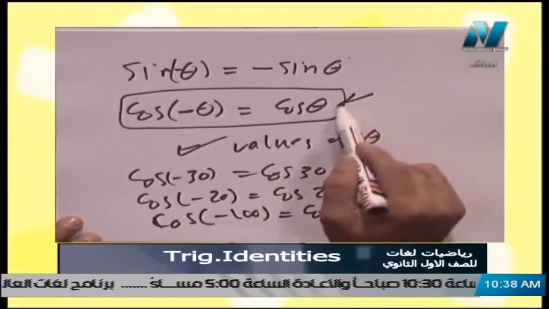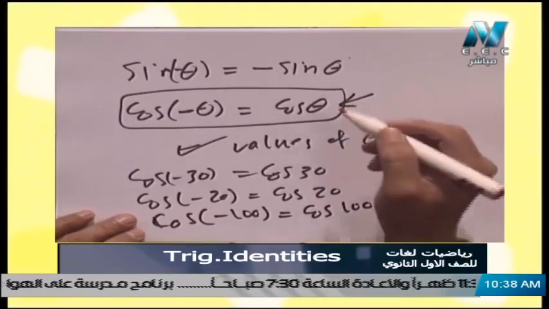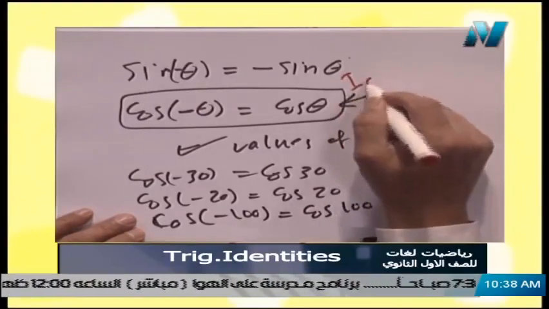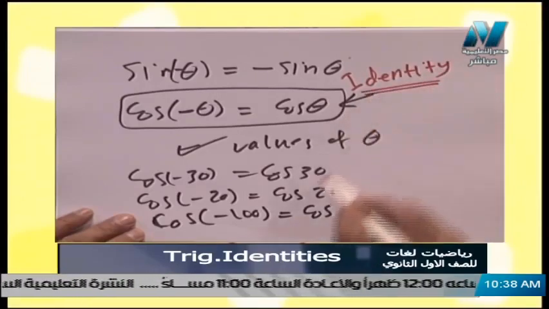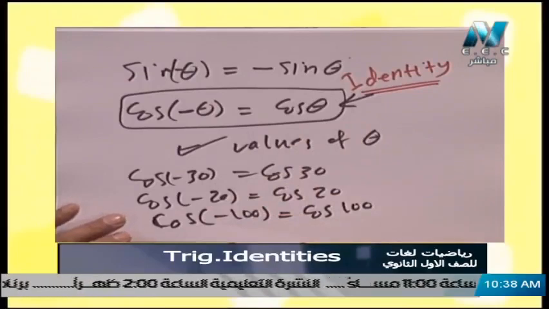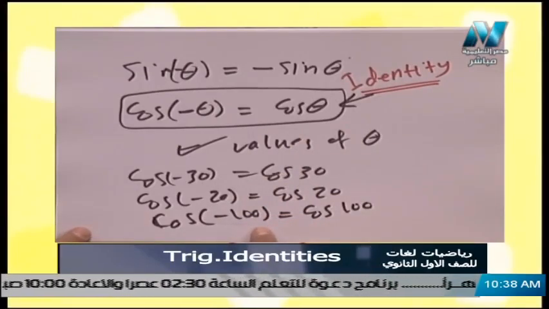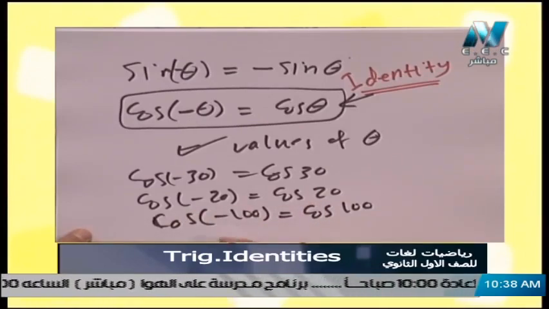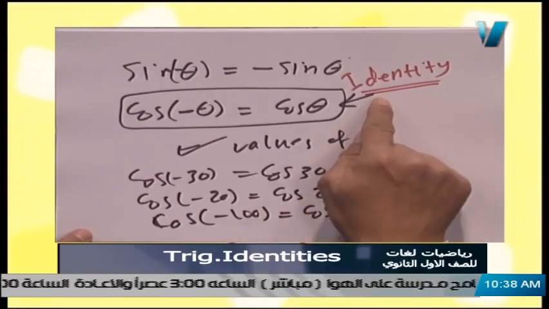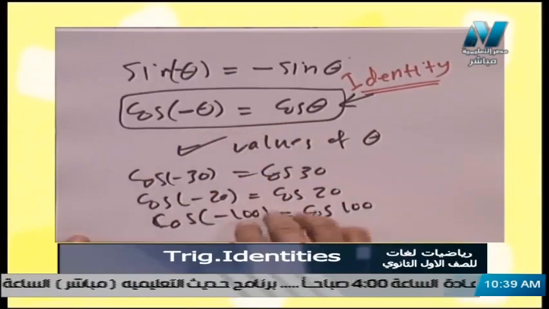So now you can say that cosine negative theta equals cosine theta. It's not just an equation, but it is an identity. A trig identity is more than an equation, because in an equation the equality is limited to some values, but in an identity the equality holds for all numbers.